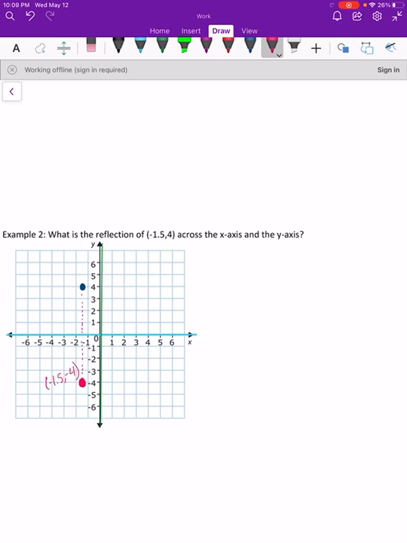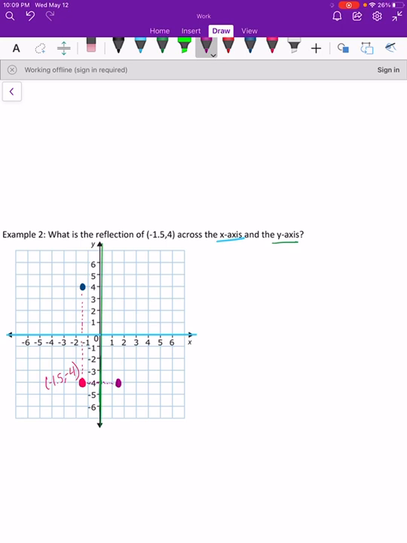So that was over the x-axis, but now we still have to reflect it over the y-axis. So we got to reflect it over this green line here. So the same kind of thing, I'll do it in purple. We're going to reflect it. Looks like it goes over to that green one, and then the same distance on the other side. So here it is here.